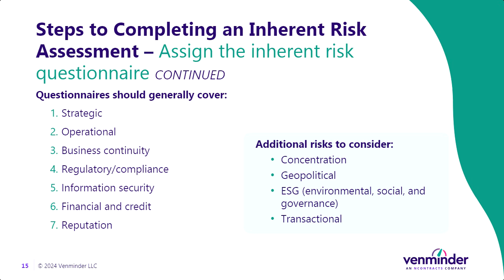But certainly your questionnaire should cover these first 7: strategic, operational, business continuity, regulatory compliance, information security, financial and credit, and reputation. All vendors, regardless of the service they're providing you, would have some risks associated with it in those areas. You may also add in concentration risk, geopolitical risk, ESG, or environmental, social, and governance risk, and transactional risk, and we're going to look at each of those on the next 2 slides a little bit deeper.